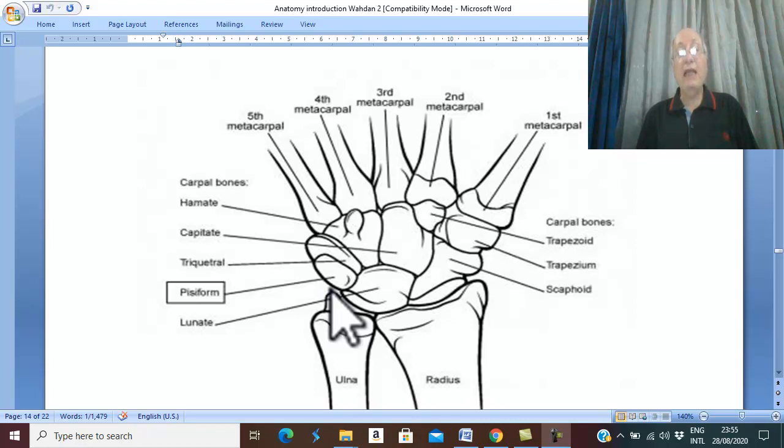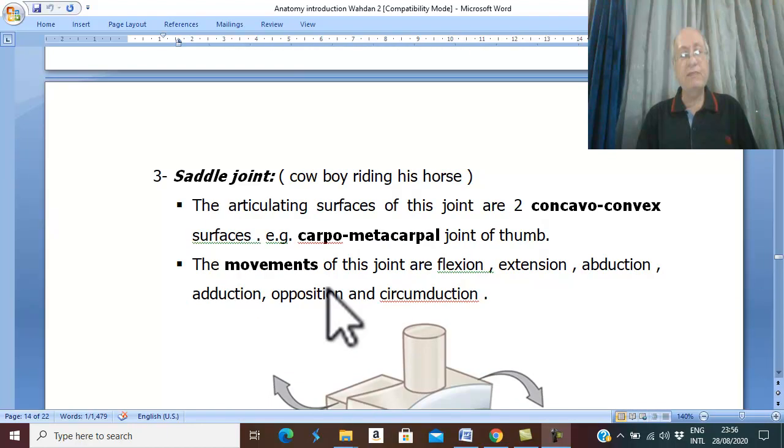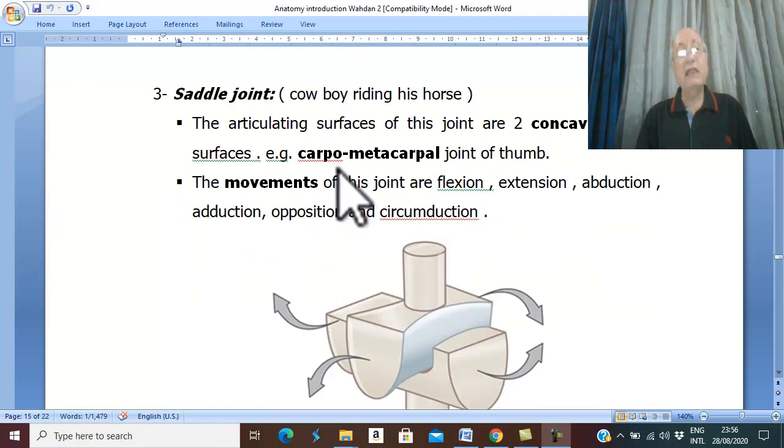An example of a biaxial joint which allows movement in two axes is the saddle joint. You know what is meant by saddle? Saddle, like a cowboy riding his horse.